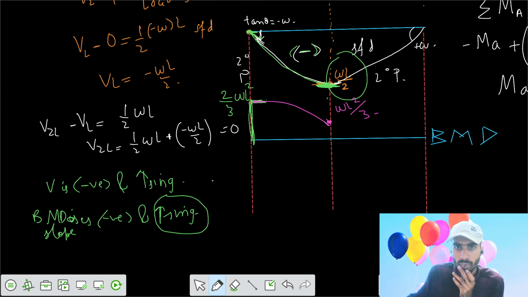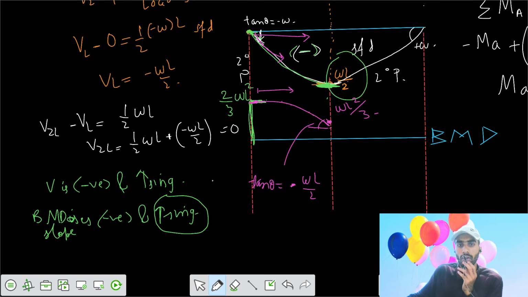That slope value is tan theta equals minus WL by 2, which equals the shear force at this point, minus WL by 2. That's why it's negative, but it's increasing, because shear force is increasing as we move from 0 to L. Similarly, the BMD slope would increase from 0 to L.